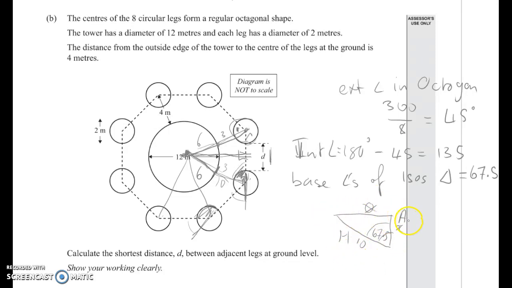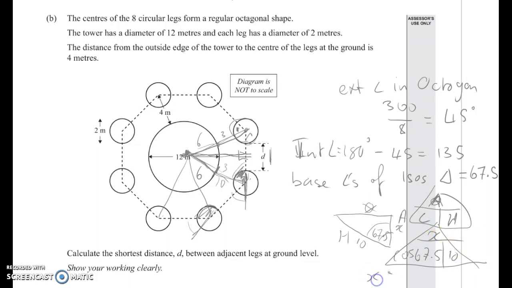So adjacent and hypotenuse is cos. So CAH, sorry, there. I took down cos instead of CAH. And I know it's cos of 67.5. Adjacent is what I'm trying to find, and my hypotenuse is 10.